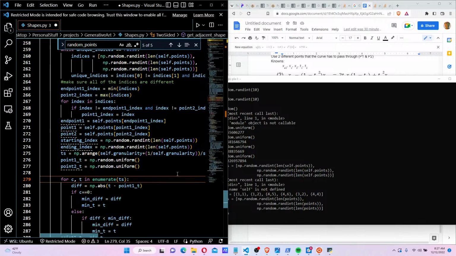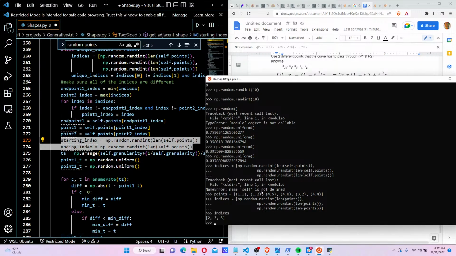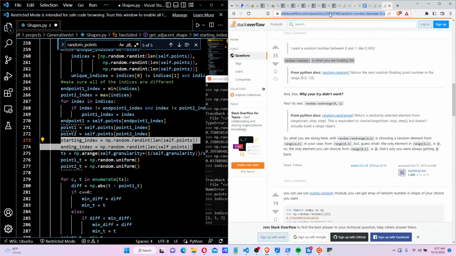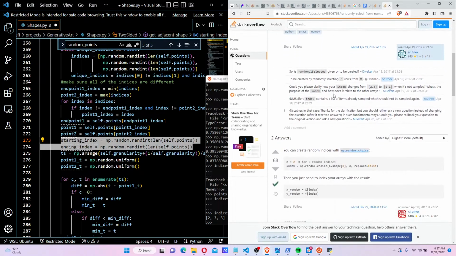Okay, I don't think I need these anymore. I do need the t's. So let's go numpy get random element from array. random dot choice.